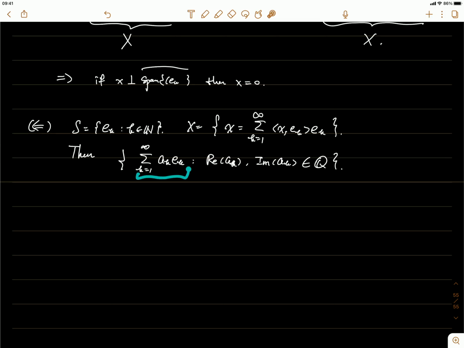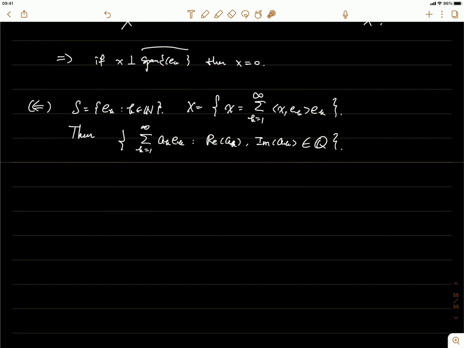And this one itself is countable. That means I can have at most countably many such combinations, since this is a countable sum of countably many choices. And I want to argue that this is actually dense in X.